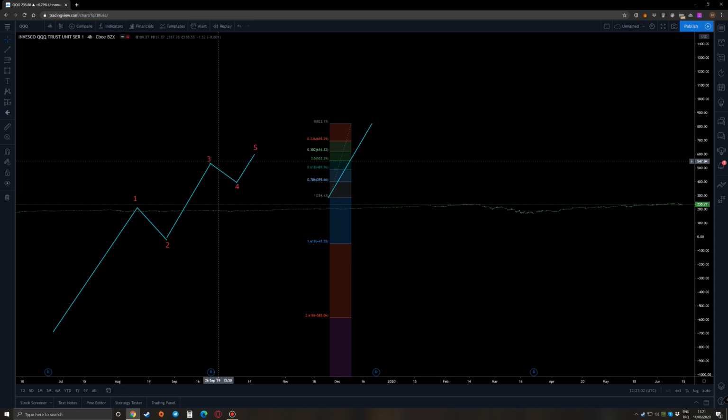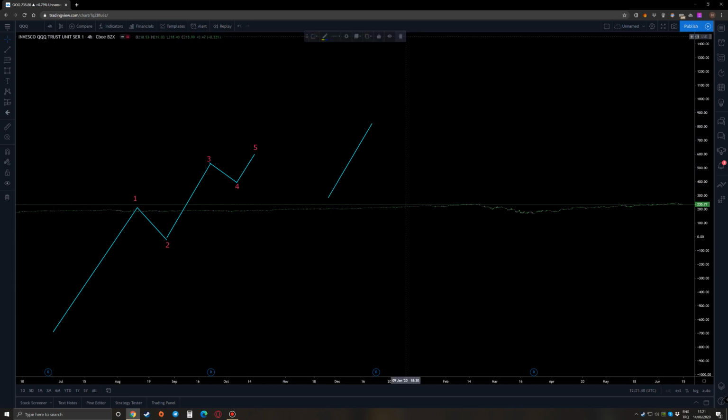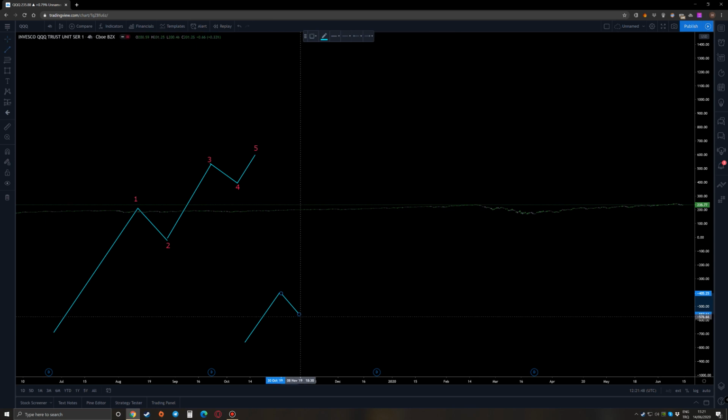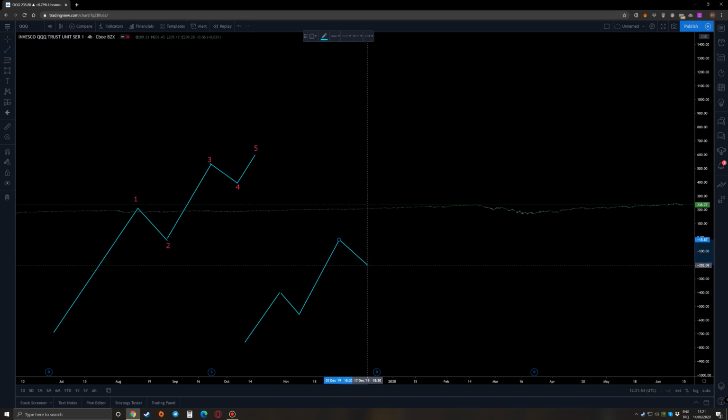So whenever you think that only the third wave can be the biggest, it's not true. First wave can be too. Also, it can be a fifth wave extension as well. So you can have a first wave, you can have a second wave that cannot be a triangle by itself, you can have a third wave which cannot be the shortest, then you can have a fourth wave that can be any correction, and then you have a fifth wave extension.